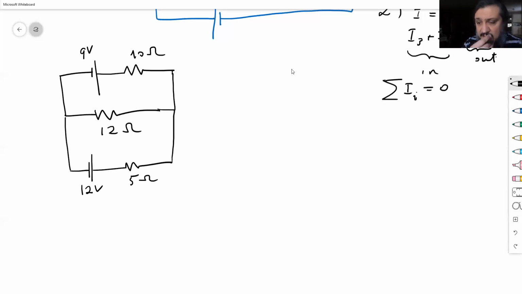Okay, so given the resistances and the terminal voltages of the batteries, find the current through each resistor.